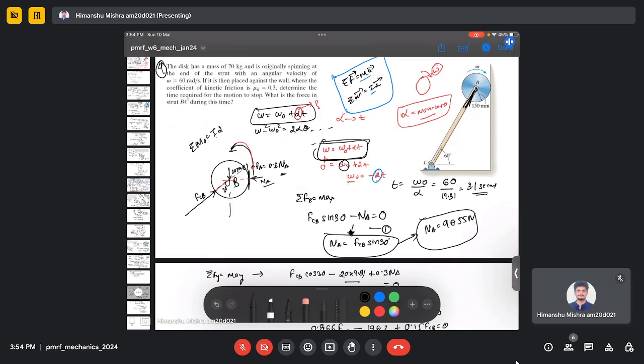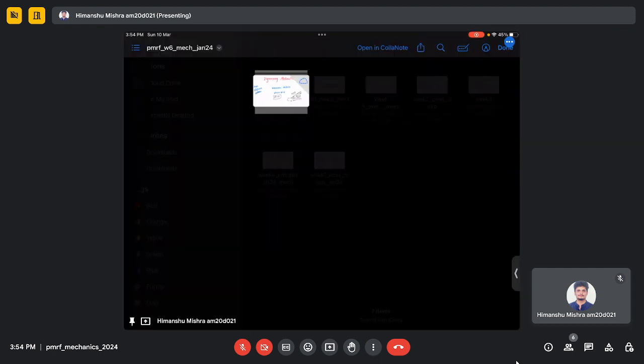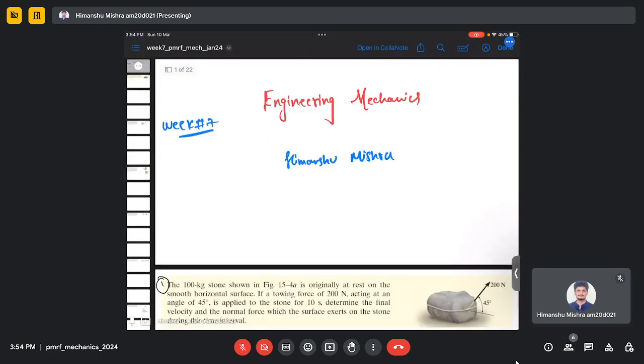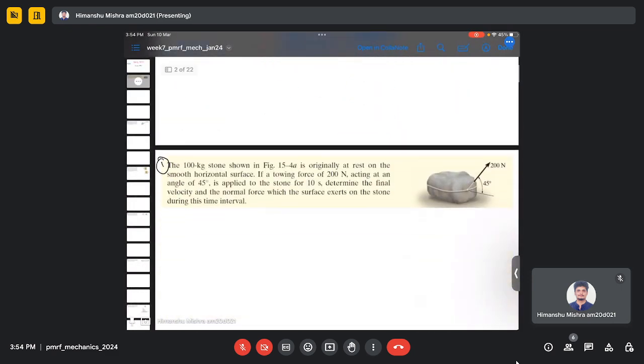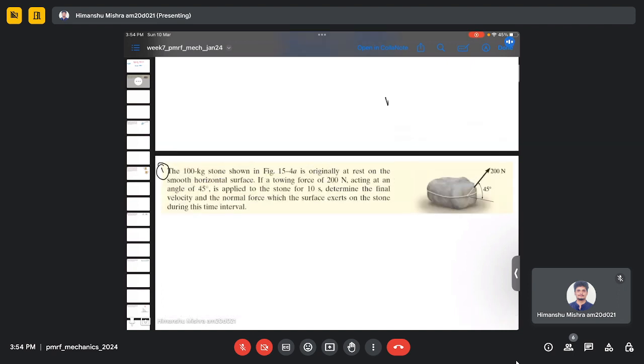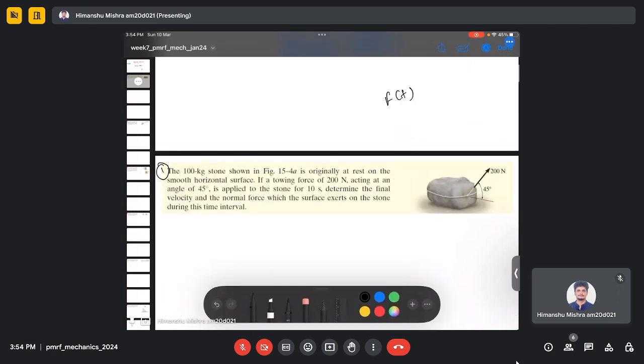If not, then we can start solving impulse and momentum, conservation of momentum questions. So basically what happens sometimes is that we put some external force on the body, and that force actually depends on time.